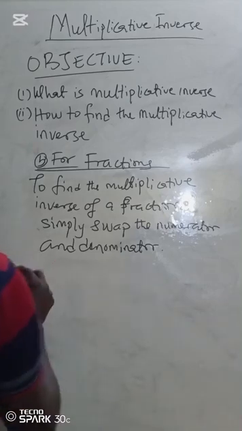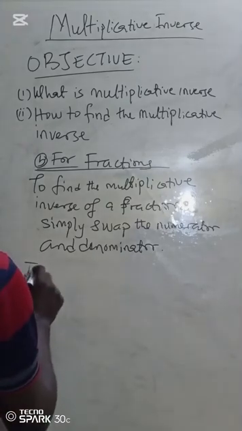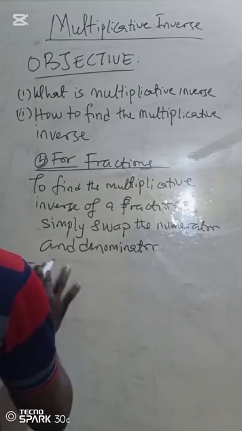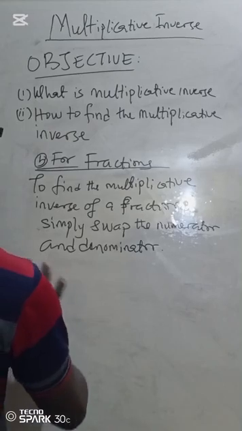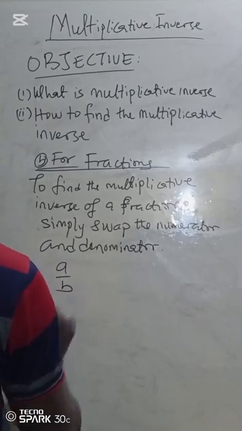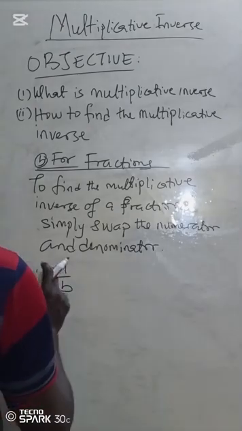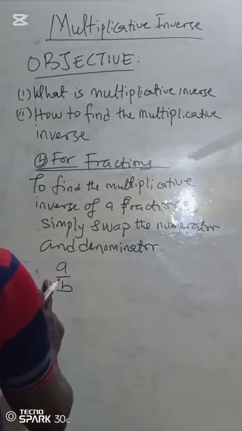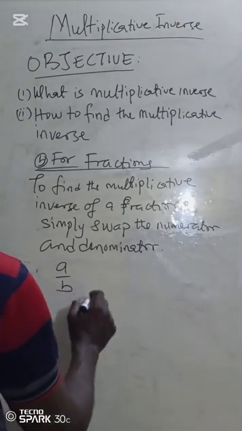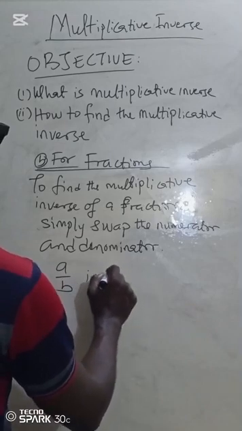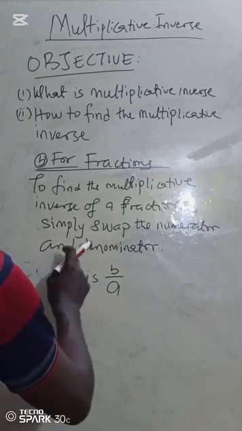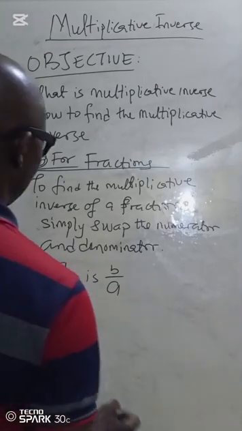For instance, if we have a fraction such as a divided by b, what is the multiplicative inverse of a divided by b? It is b divided by a. That is, we swap numerator for denominator.